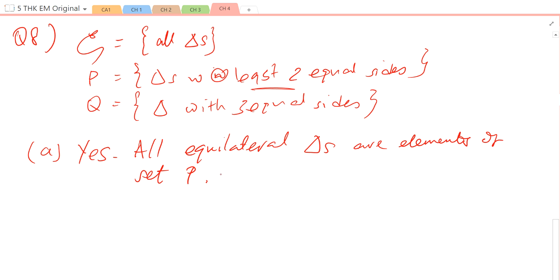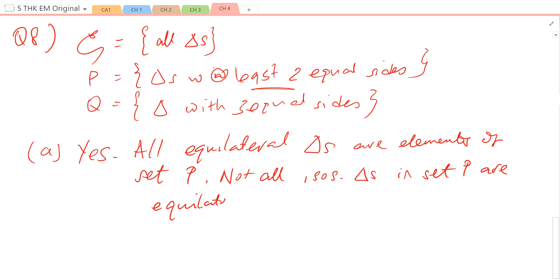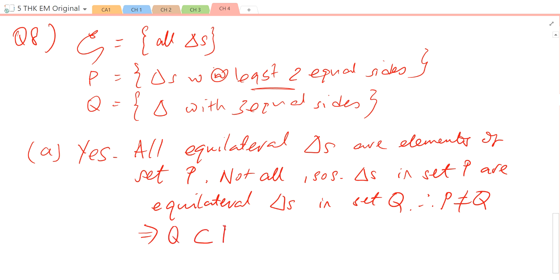So we say that not all isosceles triangles in set P are equilateral triangles in set Q. So P is not equal to Q. Therefore, Q is a proper subset of P.